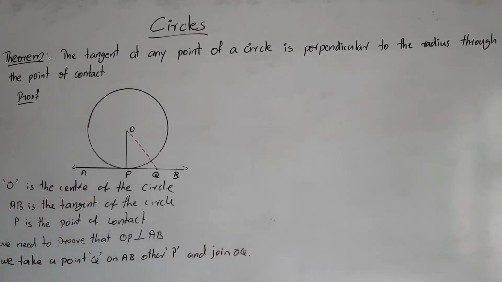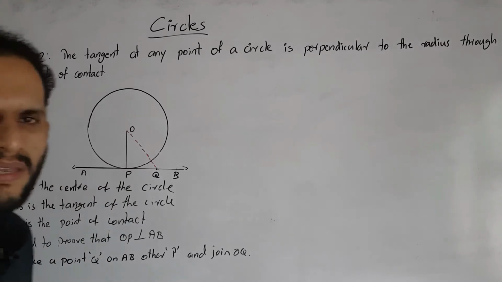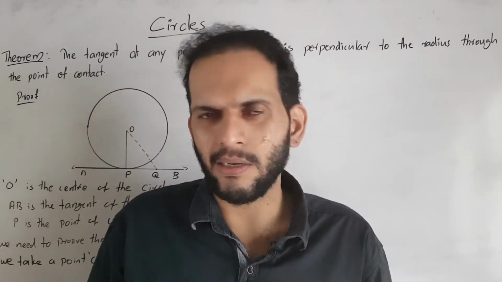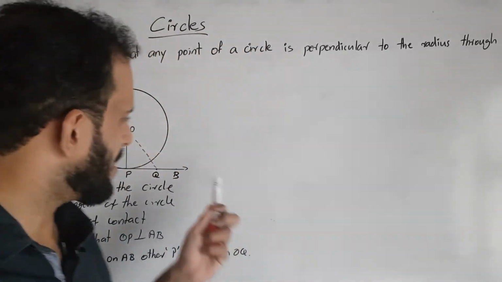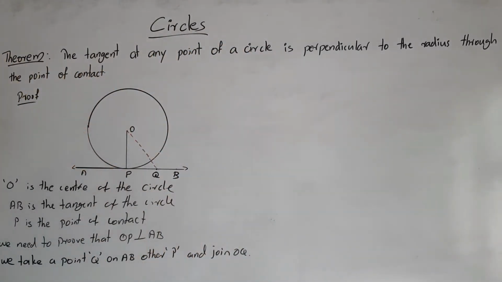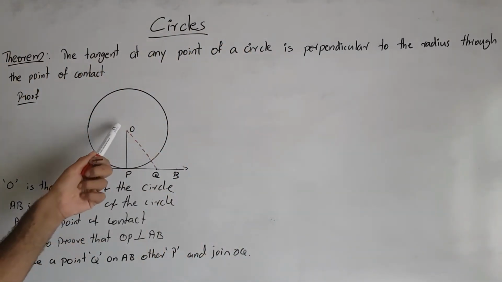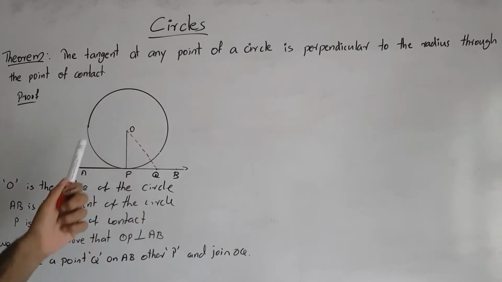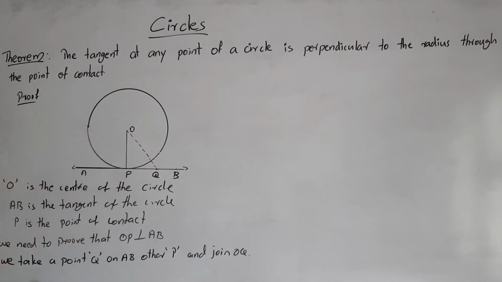Then surely Q lies outside the circle. I told you why, because AB is a tangent. Then if Q lies outside the circle, it is very clear that the distance from O to Q, that means OQ, is more than OP.